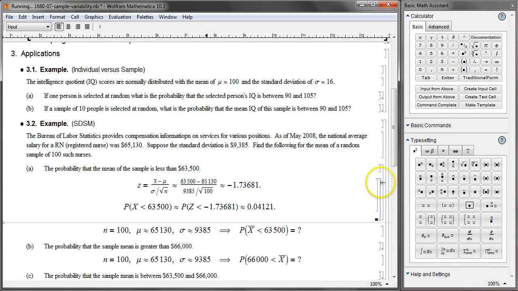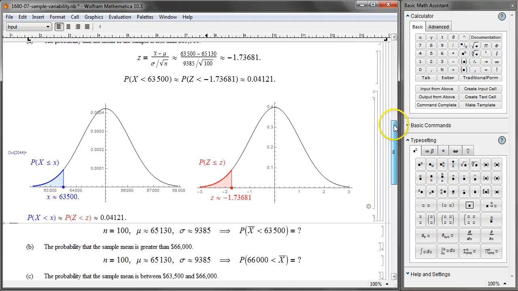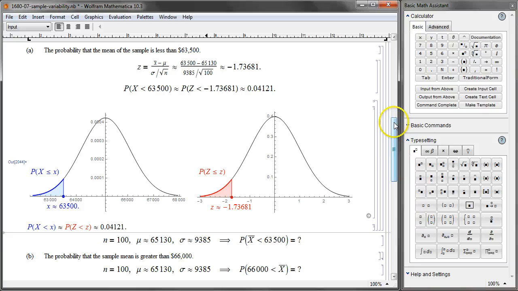Let me just show you the pictures, and I'm going to leave the details to students. And here's the picture for the first problem. Yes, the middle here, the expected value is 65,130. This is 63,500. X bar is even less than that, so you have to shade the left hand side of it.